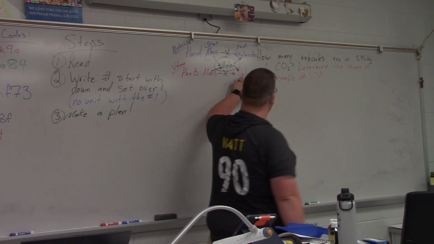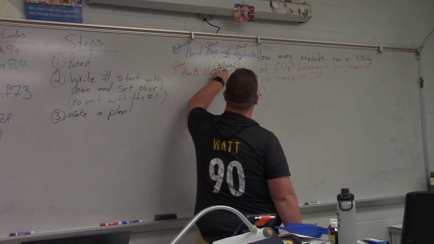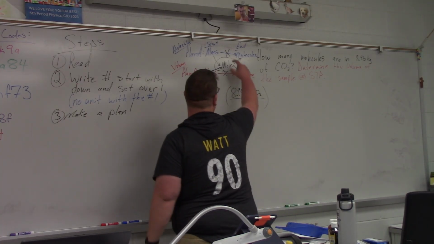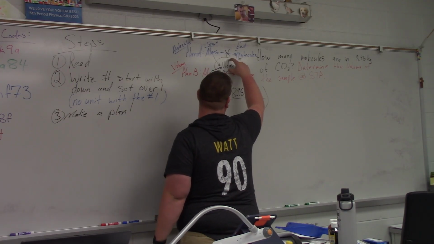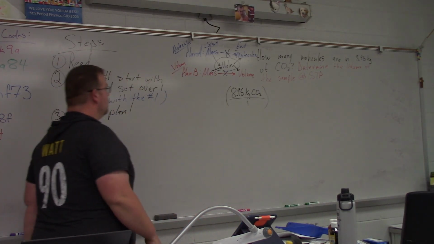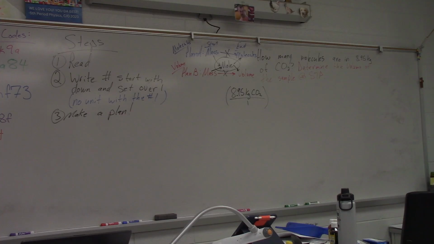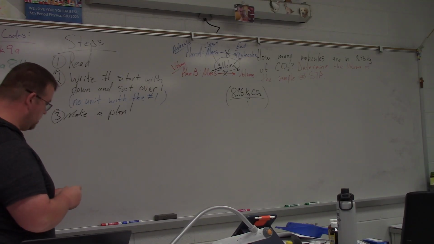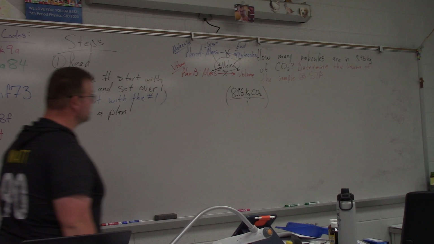I love you dearly. So I'm going to go from mass to mole. Then I'm going to set up two different ones. I'm going to take this number from here and go to molecules and go to volume. But you have to watch something. Mr. Hall did not set you up for success on this problem.